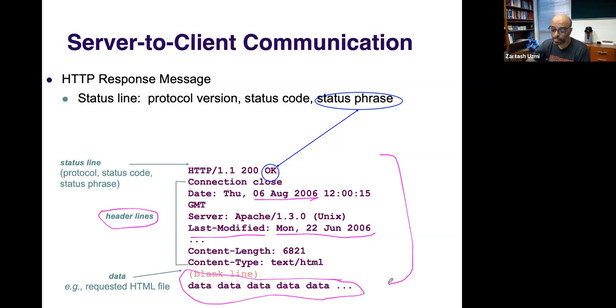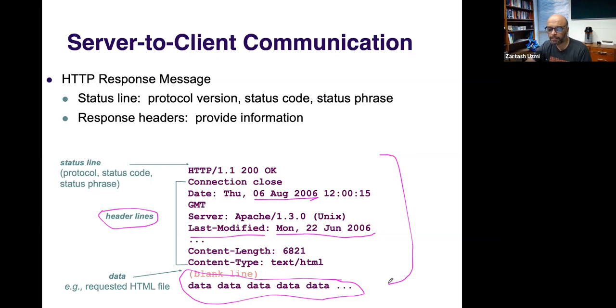Okay. So make sure that you play with Wireshark. We will have a very small exercise in which you will install Wireshark on your machine, and you will do a little bit of exercise as homework. Okay. So these response headers contain additional information about the file. Okay.